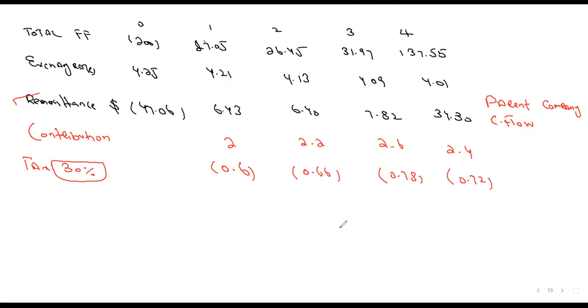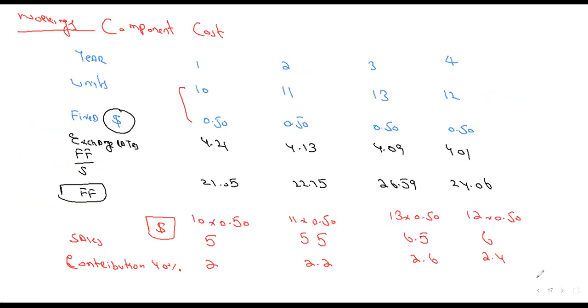Still, guys, in this question there is additional tax, because our home country tax is 30% and the subsidiary tax is 10%. Now again a working would be there. This is the contribution working.